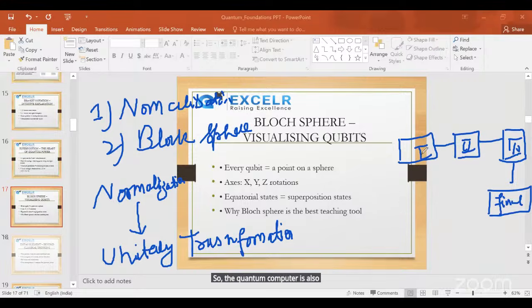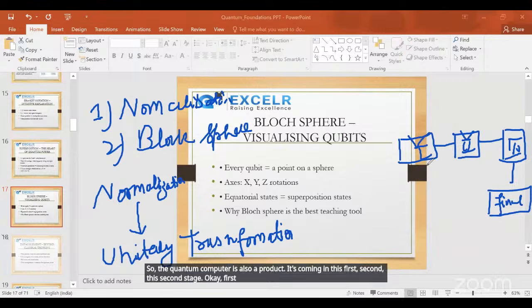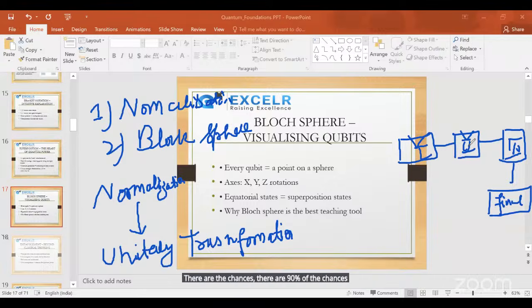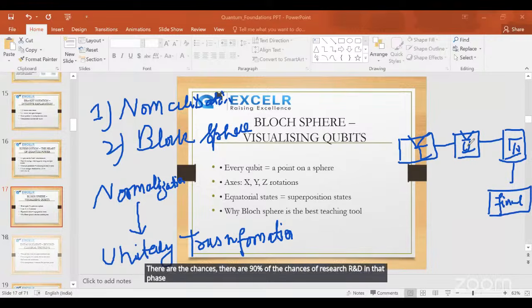It's running in the second stage. The first stage has been closed, but it's running in the second phase. There are 90% chances of R&D in that second or third phase. When we go into R&D and find any error, we have to go back to the first stage.